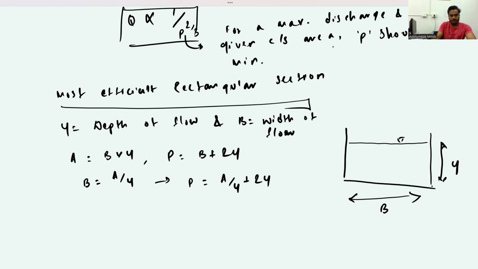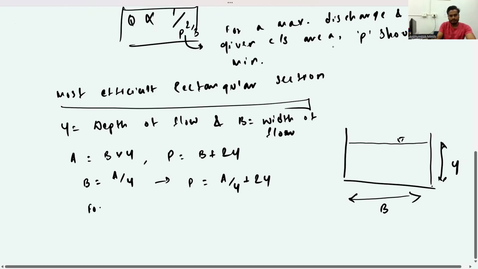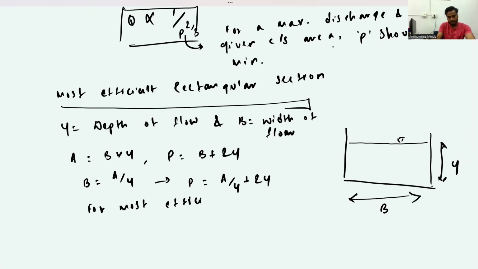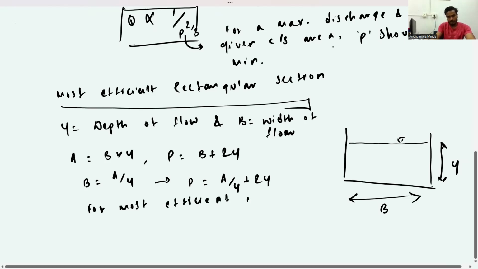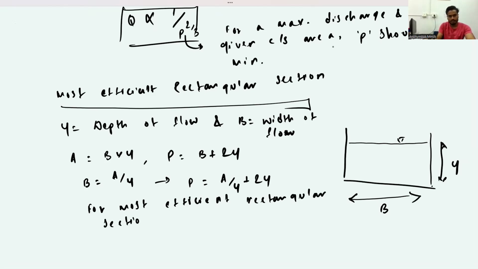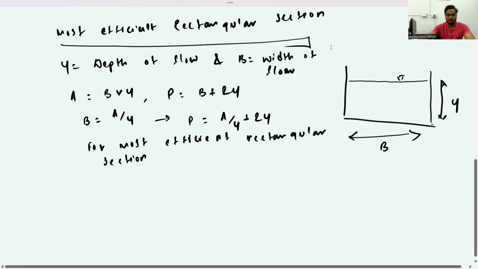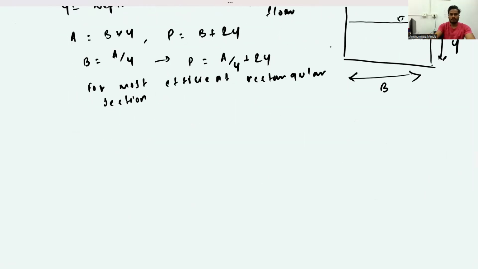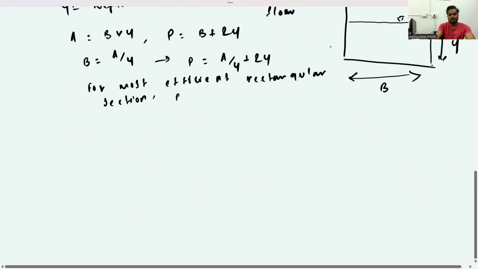So as we know that for most efficient rectangular section, P should be minimum.